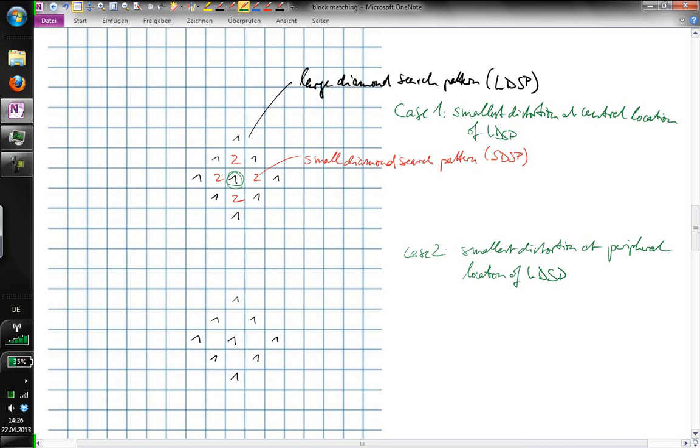Let's say, for example, here. And I now continue in the second round by saying the point that I circled is now my new central point, and I now want to find the same kind of pattern that I have just drawn around this new central point.